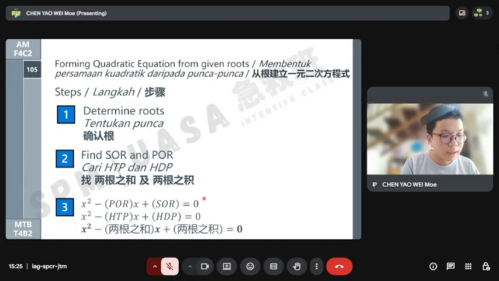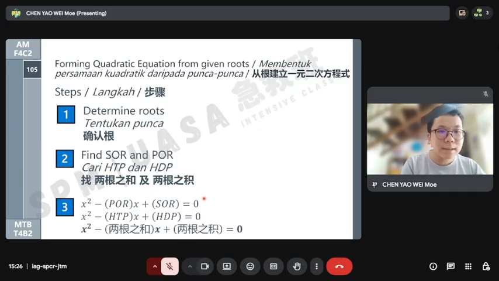The alpha squared plus beta squared actually comes from alpha plus beta, both squared. The whole expression squared equals, we expand the expression, alpha plus beta, alpha plus beta. Expanded, it becomes alpha squared plus 2 alpha beta plus beta squared.